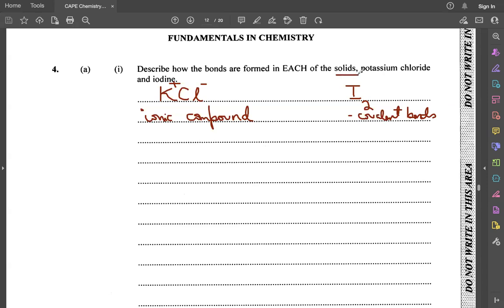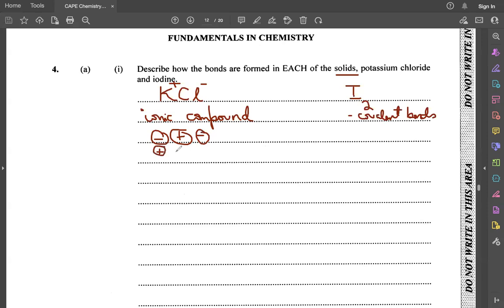Okay, so let's talk a little bit more about solid KCl now. It's an ionic compound, comprised of these potassium ions and these chloride ions. Essentially what we have is close packing of ions. We can typically depict that as alternating positive and negative charges that are closely packed to one another.